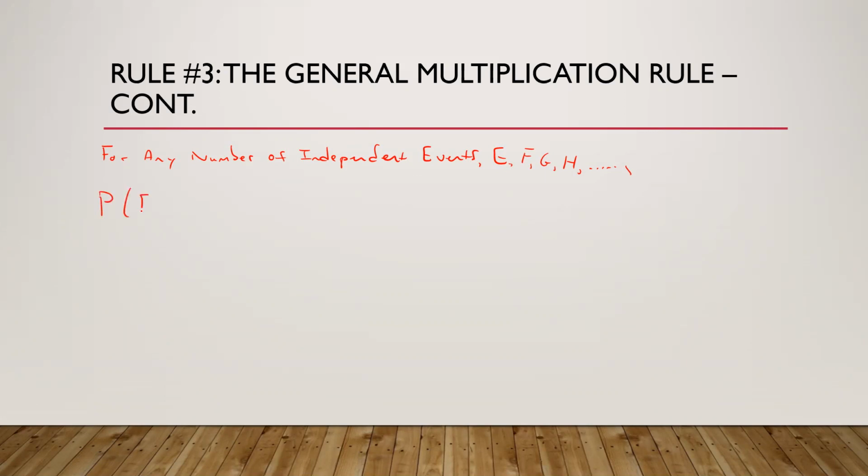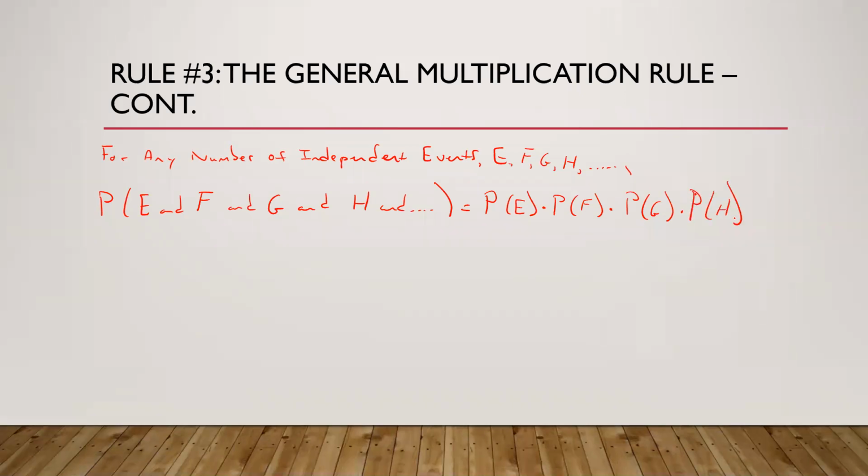The probability that event E and event F and event G and event H and however many all happen, as long as they are all independent, you just take the probability of the first one, E, multiply it by the probability of the second one, F, multiply it by the probability of the third one, G, and so on. This is where things get more interesting. So just remember, as long as it's independent, just multiply, multiply, multiply.